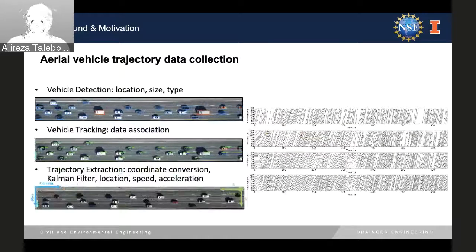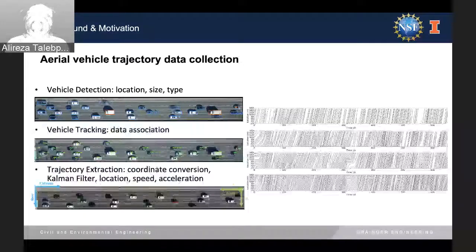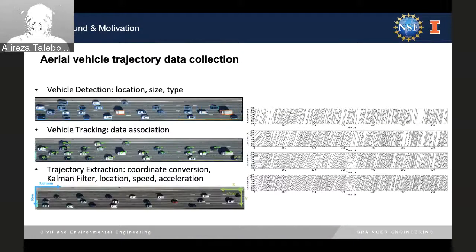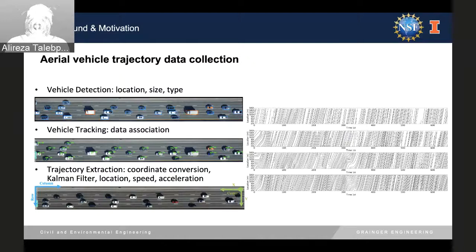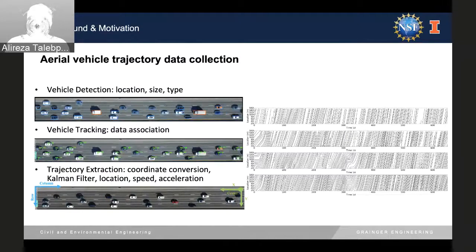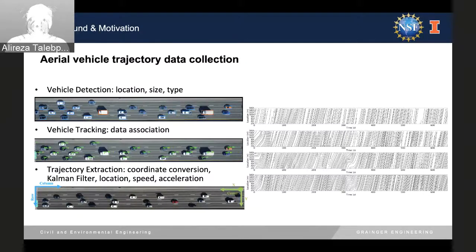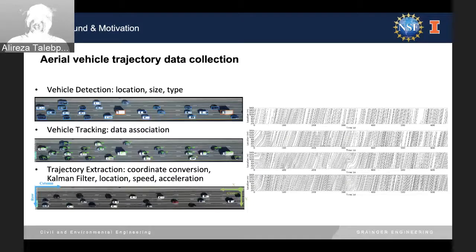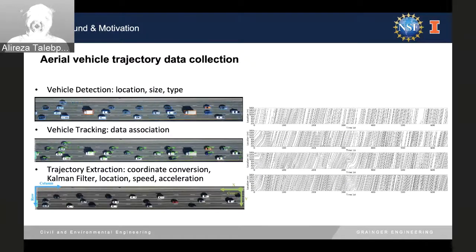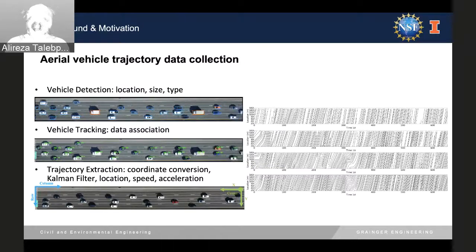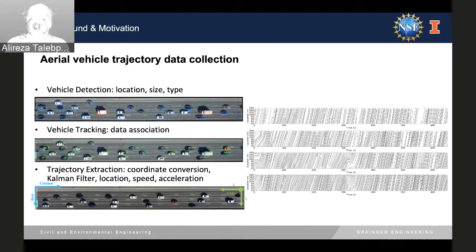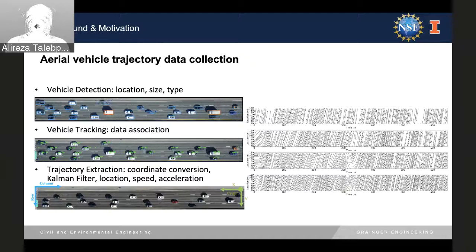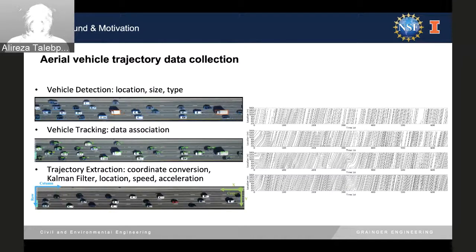So this was a process of collecting and extracting trajectories. We had the vehicle detection, and then we had the tracking, making sure the vehicle IDs are the same. Once the vehicle IDs are the same, we could match every frame to a reference image, so we know exactly where each pixel is in XY coordinates, and then create the trajectory.